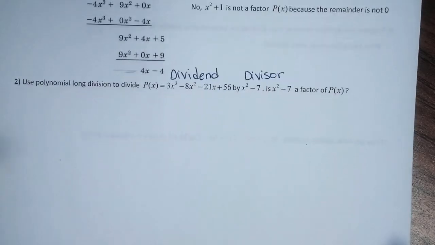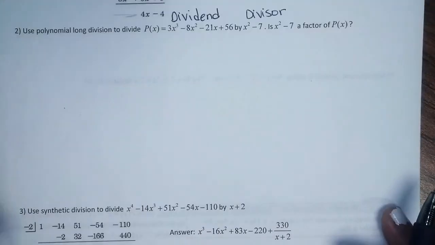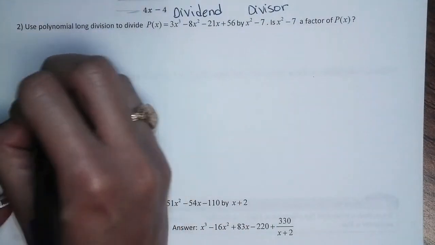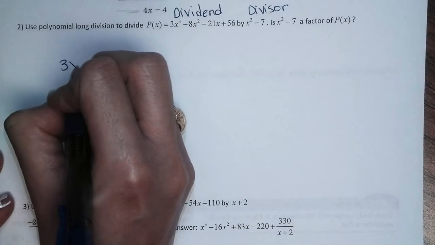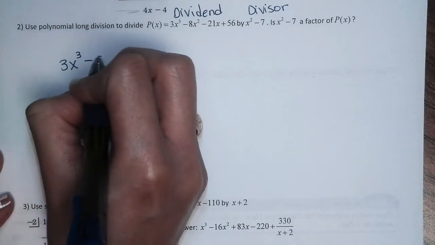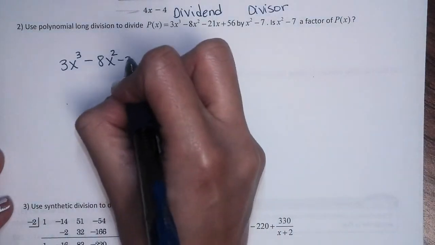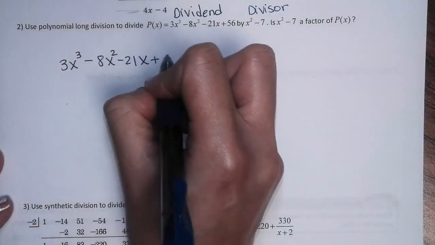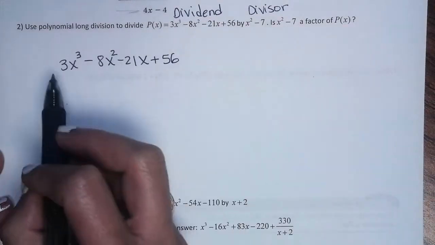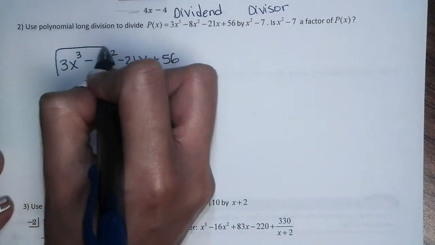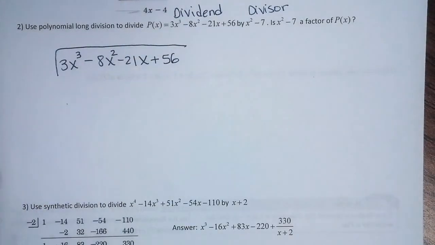So what I'm going to do is take the dividend and put it inside the little house. 3x cubed minus 8x squared minus 21x plus 56. So the dividend is already good to go. It's in standard form and is not missing anything. So it's just going inside the little house.